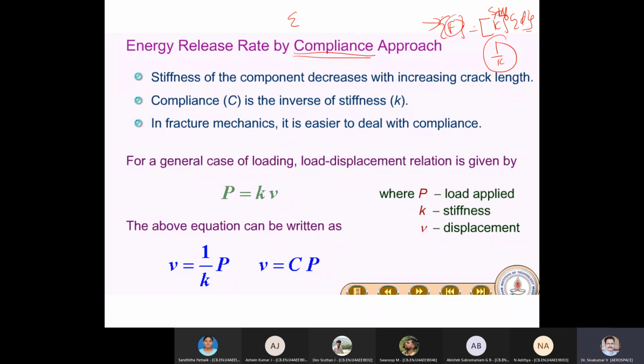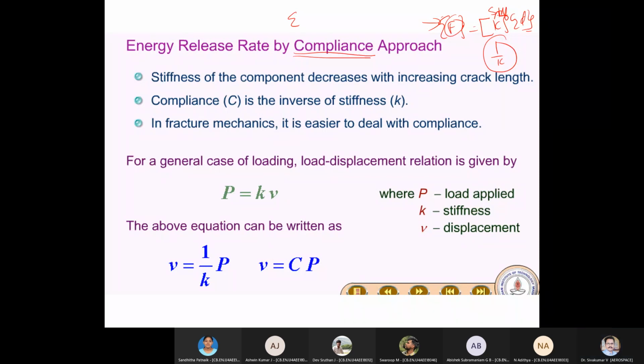Okay, right. So, when the crack advances in the structure, the strain energy, will the energy increase or decrease, ma?